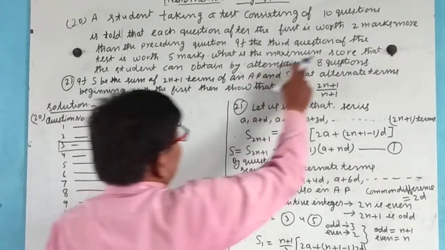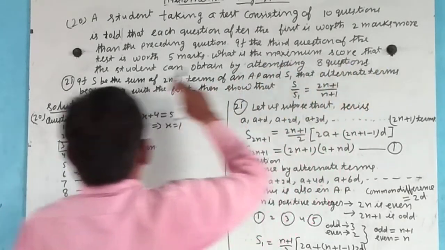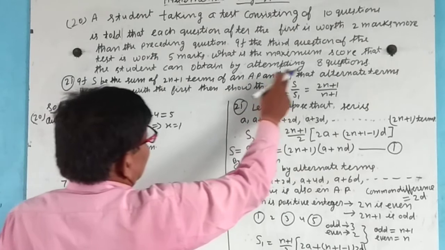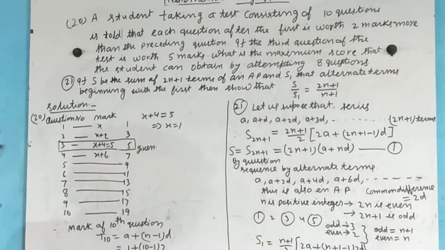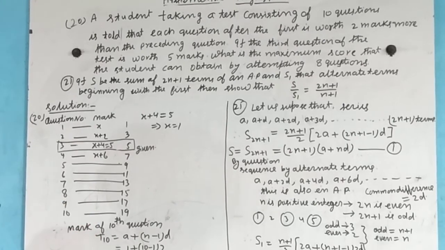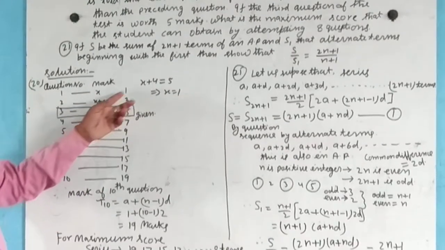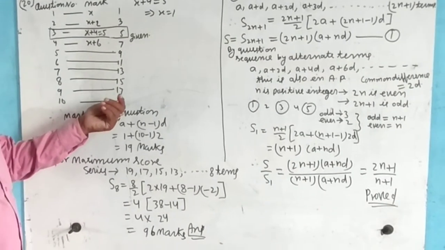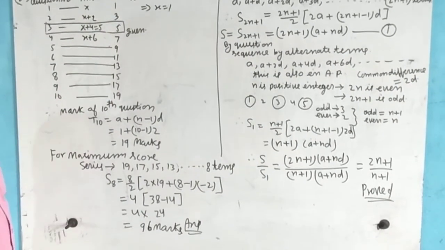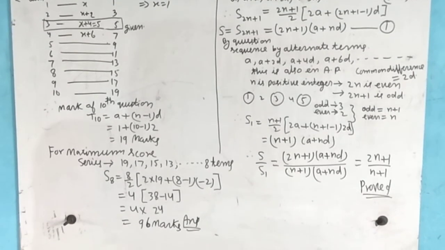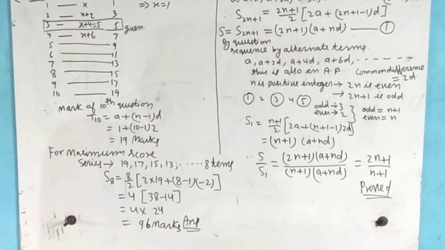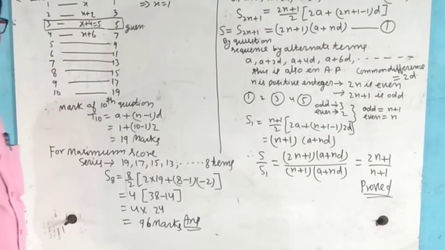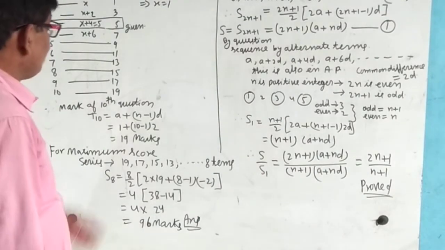Now, what is the maximum score that the student can obtain by attempting a question? In this case, the student attempts only 8 questions, and the mark of the first question is 1, and the mark of the 10th question is 19. For maximum scoring, the student always tries to attempt the questions which have more marks.